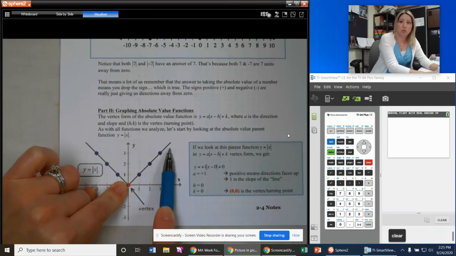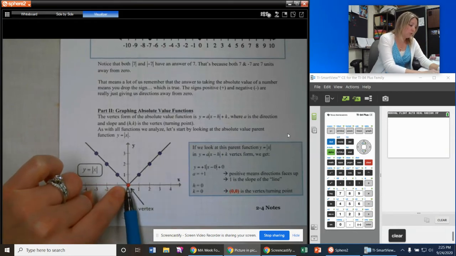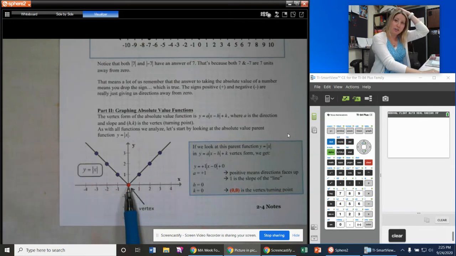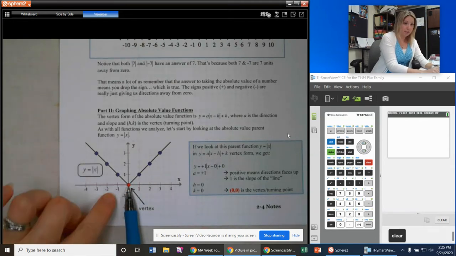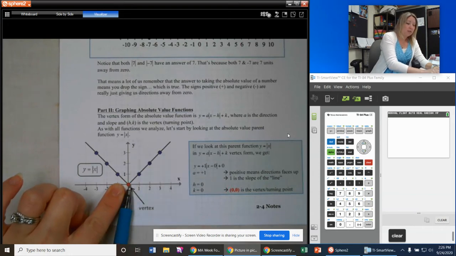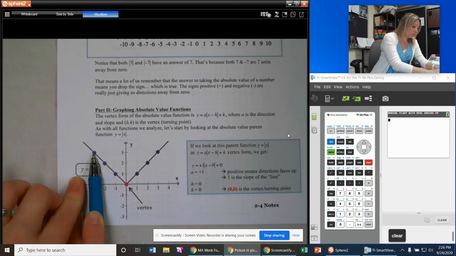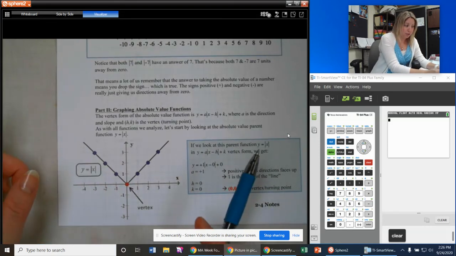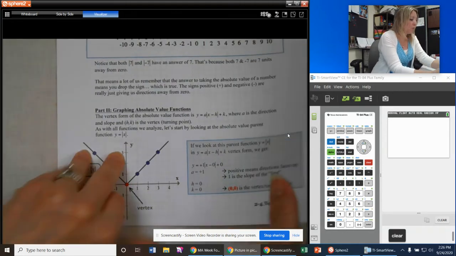That slope is always what's on the right of your vertex, okay? And so here's my vertex at 0, 0, up 1, right 1. Now, from the vertex, what I know is I do the opposite on the other side. So I've already got this going. Cool. I know I need a V for absolute value. It goes this way now. It's the opposite on this side. That's what's happening with absolute value. And that's what we're investigating when we're looking at these.